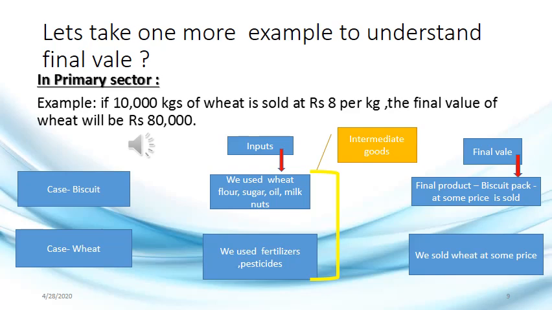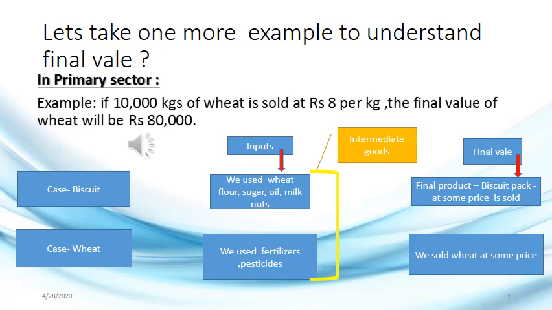So please remember, when you calculate GDP, it's a huge task, as I said, you take only the final value. All the value of inputs is already included in the final value. And those inputs we call intermediate goods. That means those goods which are used to produce your final product are called intermediate goods. I think I made it very clear with the help of these two examples.